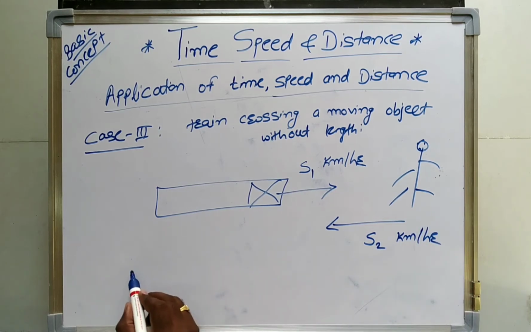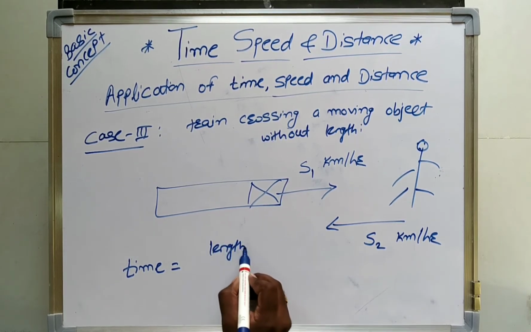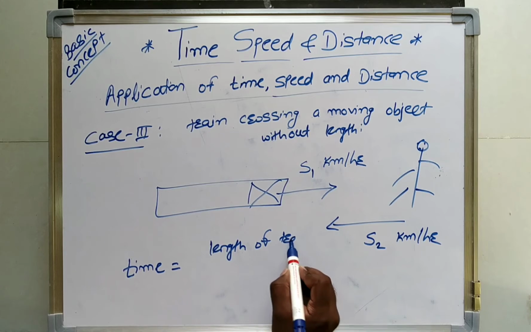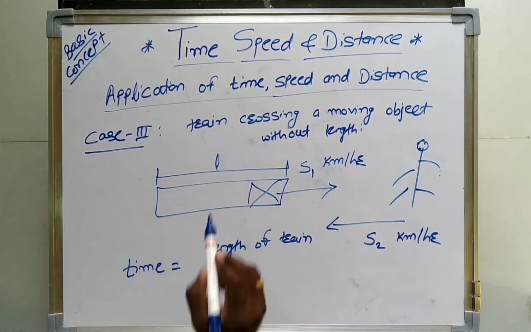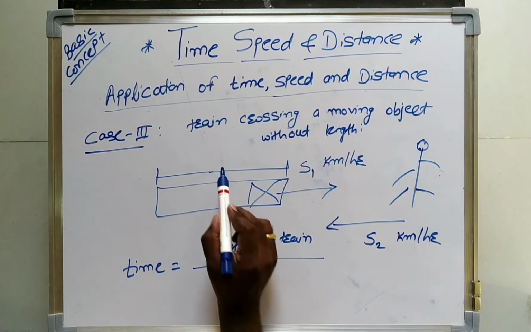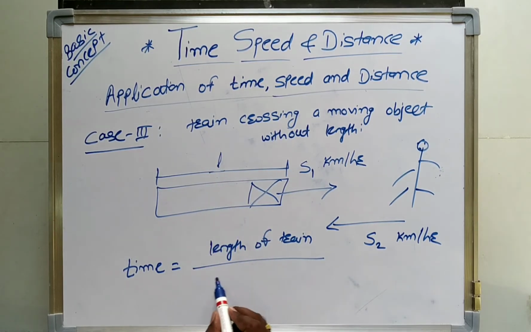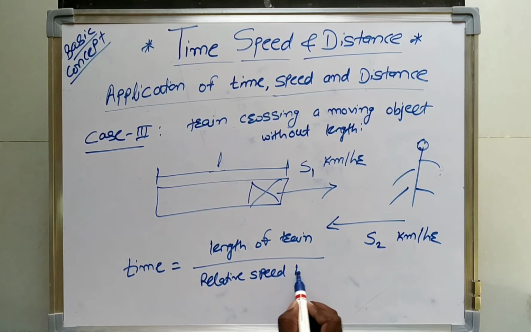Then the time taken is calculated as time is equal to length of train L divided by the relative speed between train and man.